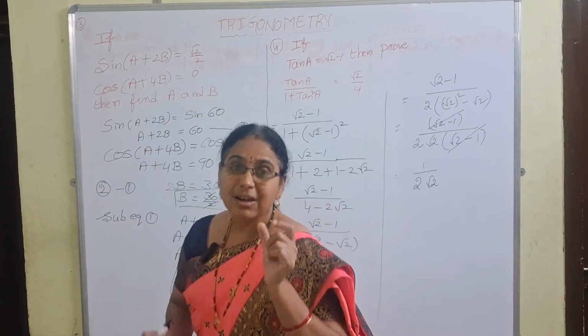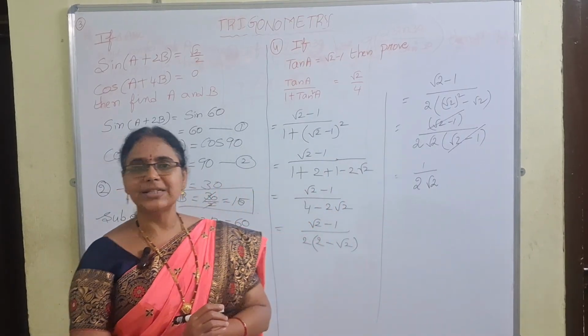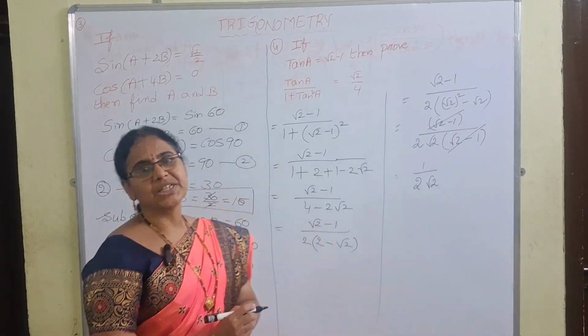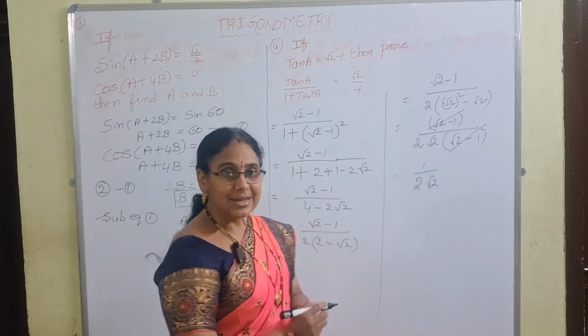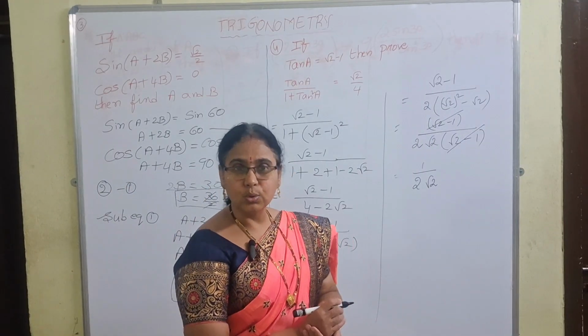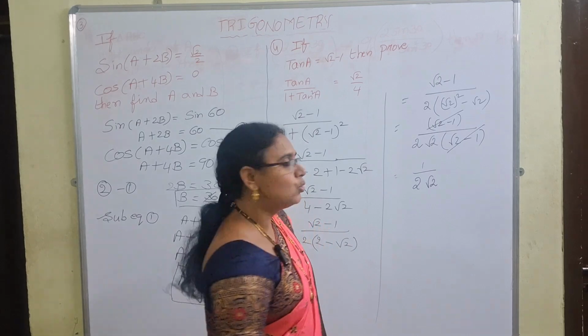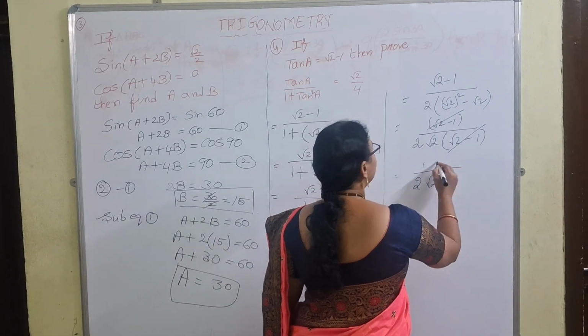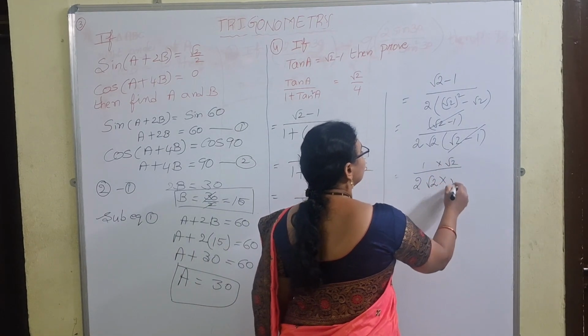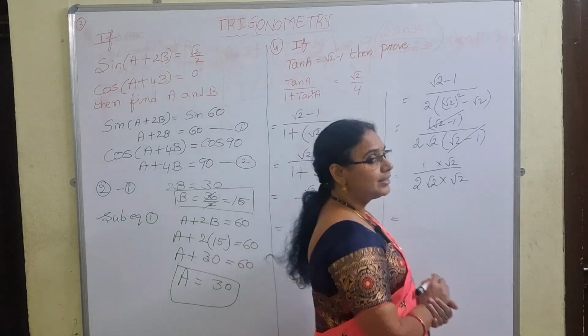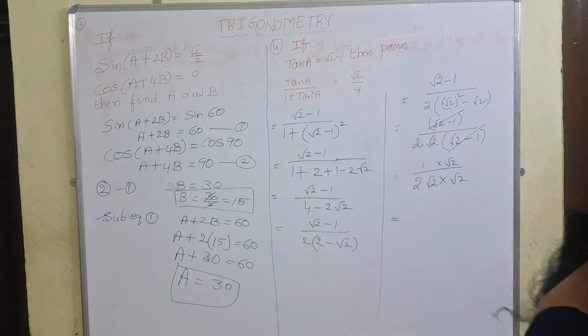But rationalize the denominator. Whenever you have an irrational number at the denominator place, you have to rationalize immediately. How can you rationalize? Here in the denominator you observe root 2. You have to multiply by one more root 2 in the numerator and denominator. Root 2 into root 2. So in the numerator, 1 into root 2, how much?